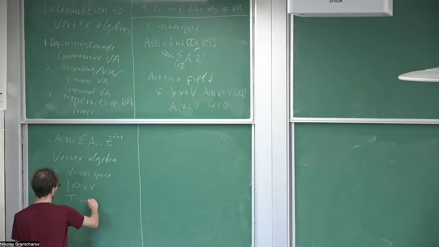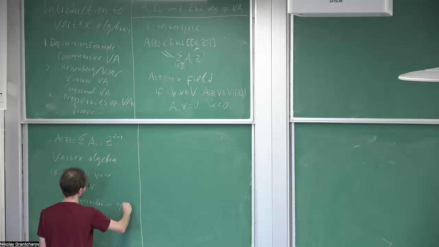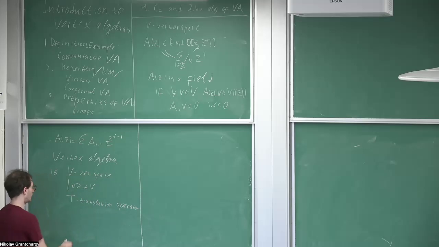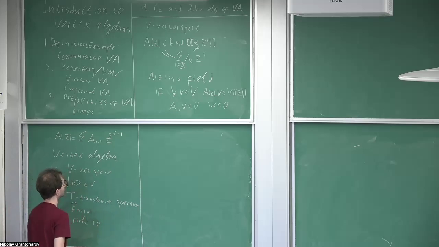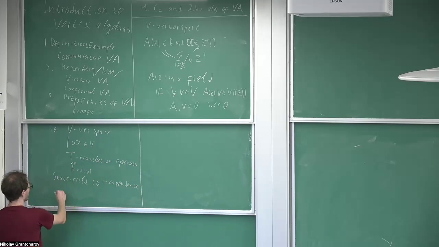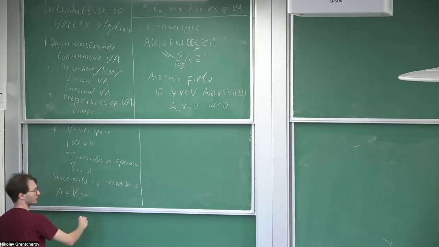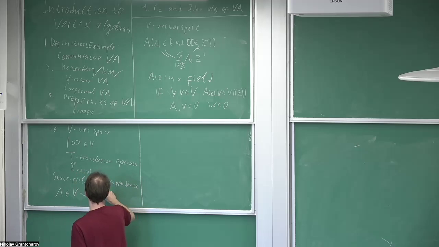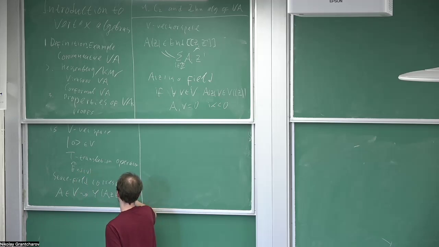Then a translation operator T, which is just an endomorphism of V, and something called the state-field correspondence, which is that, okay, so the notation will be A is a vector, and I have Y(A, z) equal to a sum of a_(i) z^(-i-1), and all.